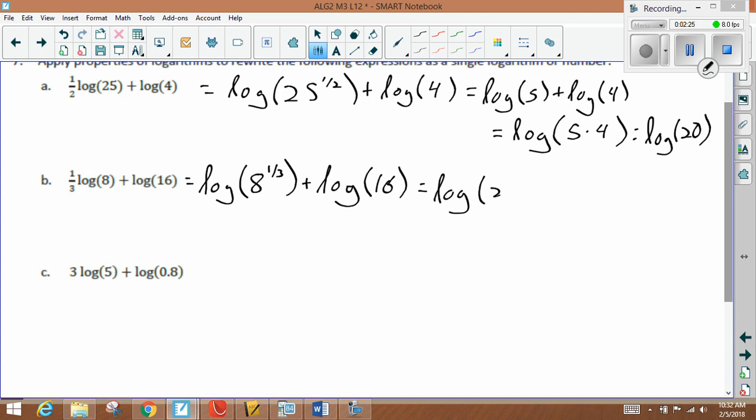Yes! And then, is it fair, can I just say, hey, we're going to have to multiply these, right? We'll put them as a single logarithm. So then that should be log of 32.